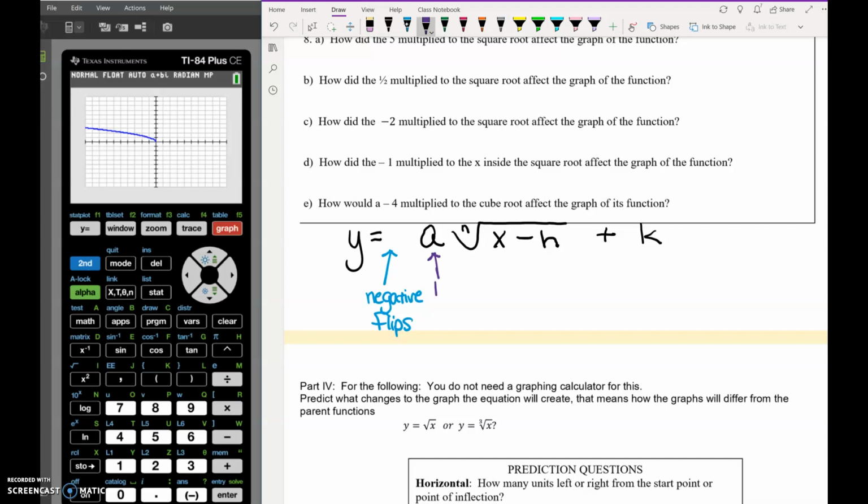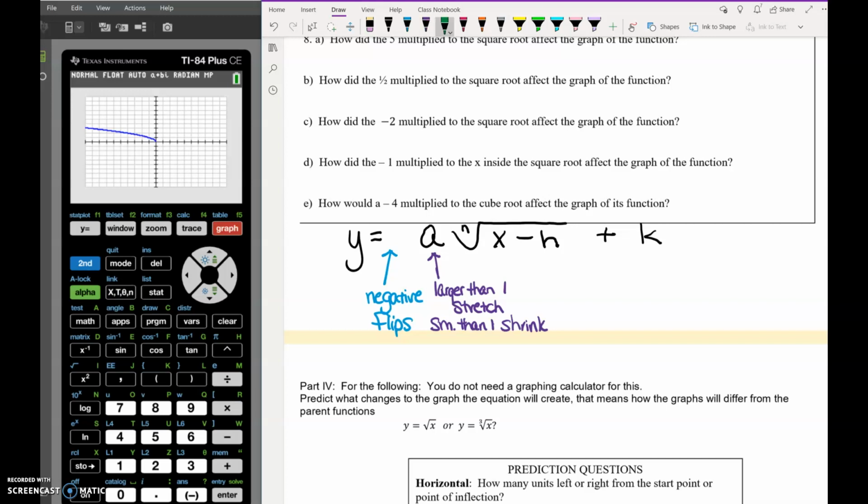So if there's a number larger than 1, it stretches. Smaller than 1, that looks like an L, shrinks. So if it's a 2, 3, 4, 17, whatever, it's going to stretch that and make the graph taller. If it's a 1/2, 1/3, 2/3, 0.2, 0.001, it's going to smash it, shrink it, make it shorter.